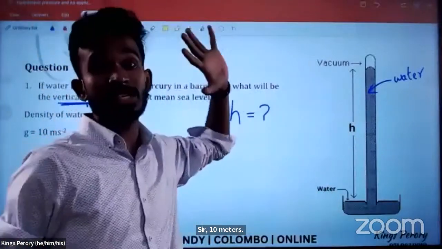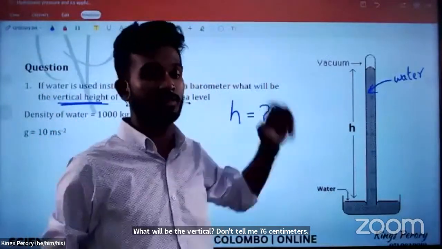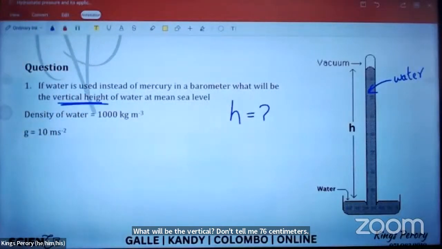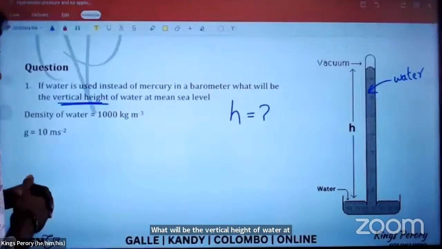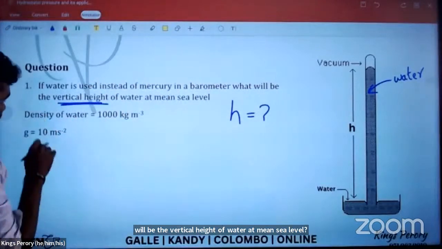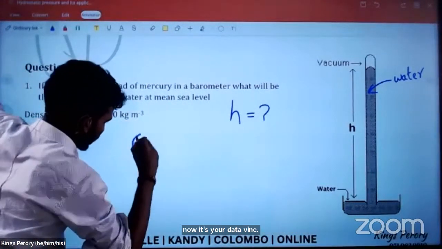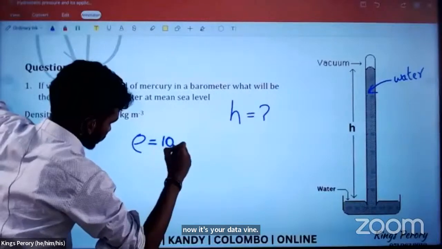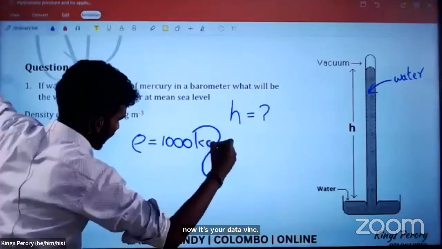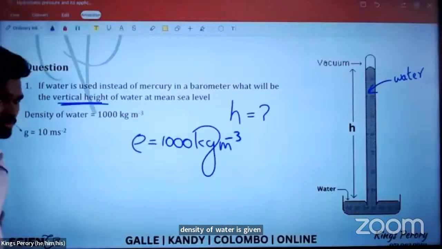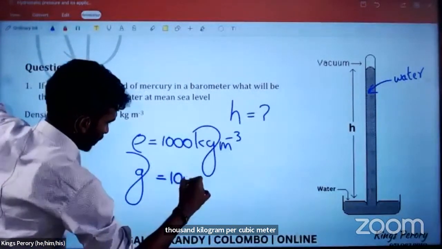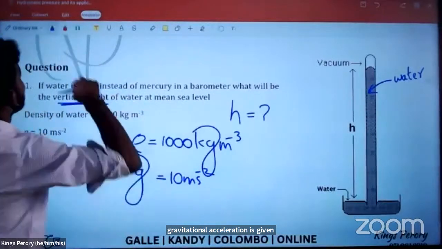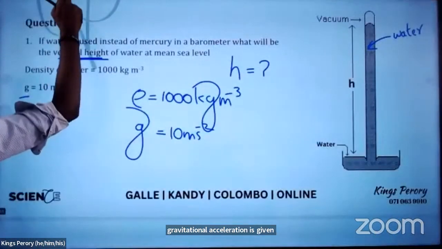Don't tell me 76 centimeters, that is for mercury. What will be the vertical height of water at mean sea level? Now, H you need to find. Density of water is given, rho is 1000 kilogram per cubic meter. Gravitational acceleration is given as 10 m/s squared. H they are asking.